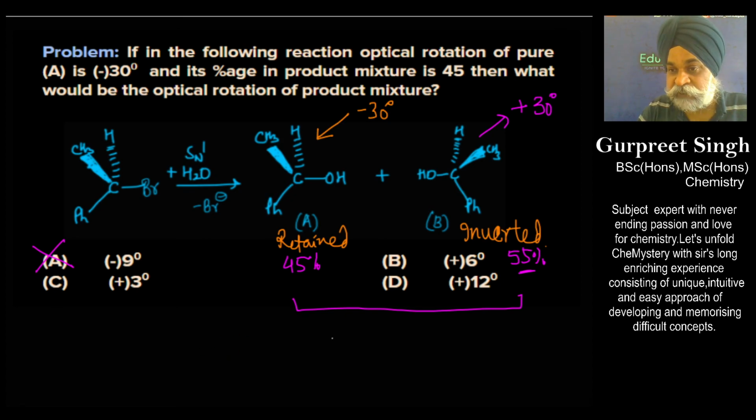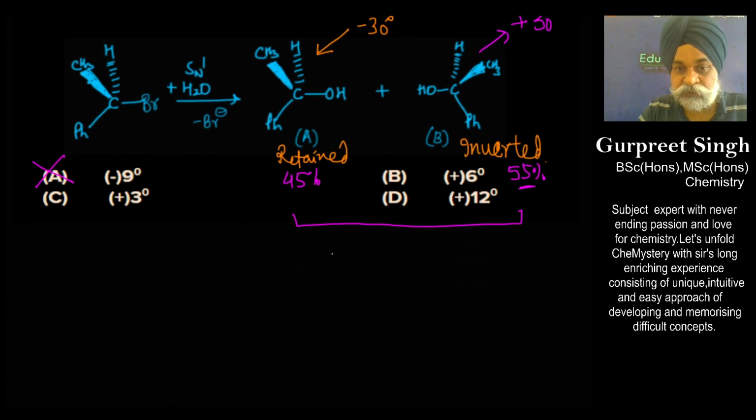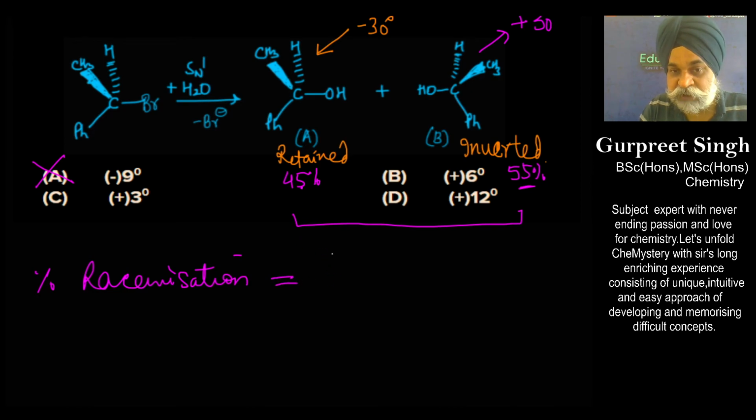Now, if I have to ask you in the question, what is the percentage racemization? Because 45% of A got racemized with 45% of B, the percentage racemization would be 90%. How do I get it?